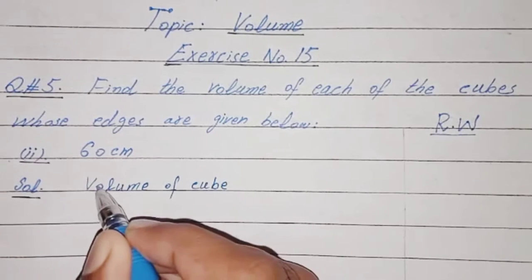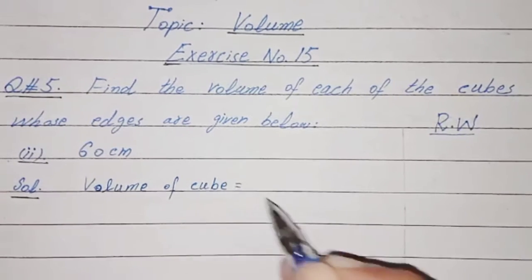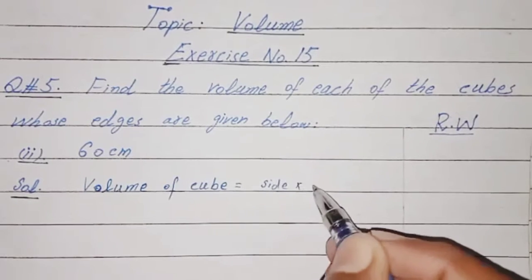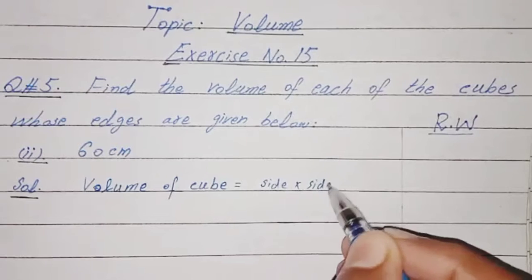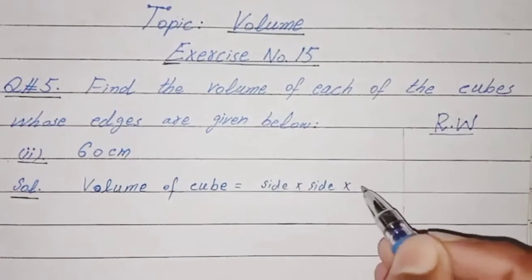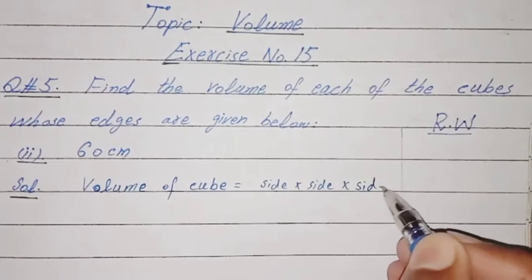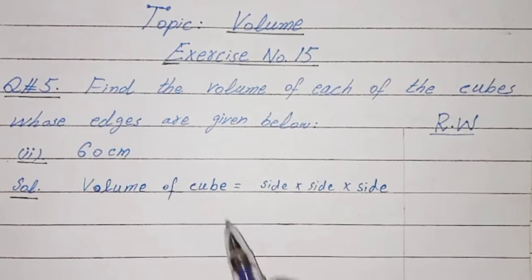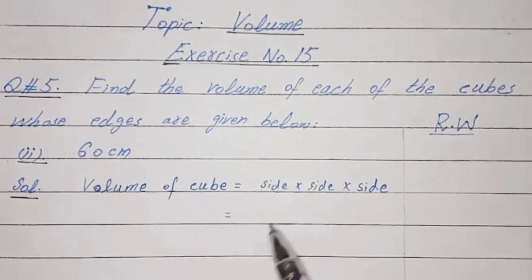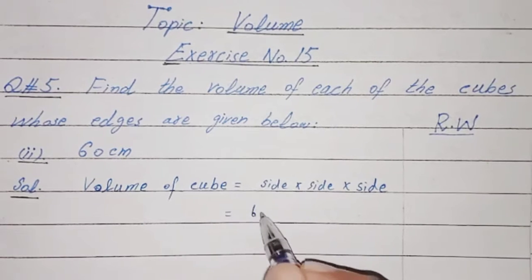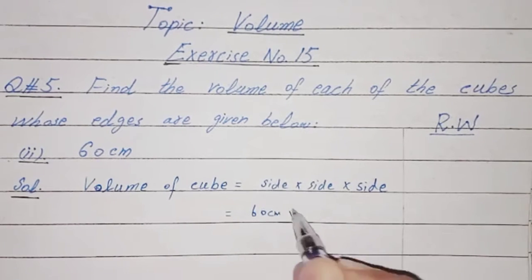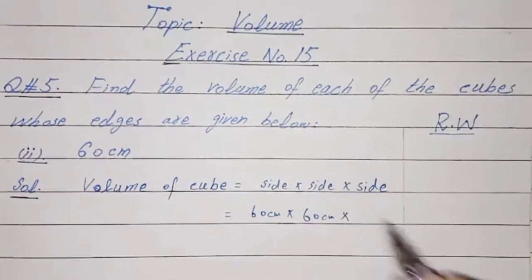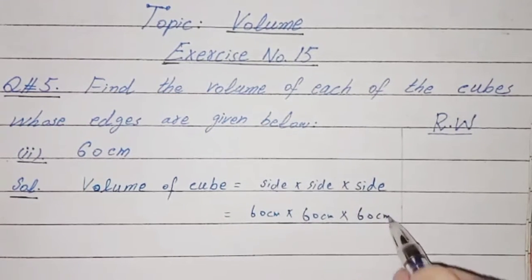We know that the volume of a cube is equal to side multiply side multiply side, because length, breadth and height are the same, so we can take all three as side. So the side length is 60 centimeter: 60 centimeter multiply 60 centimeter multiply 60 centimeter.